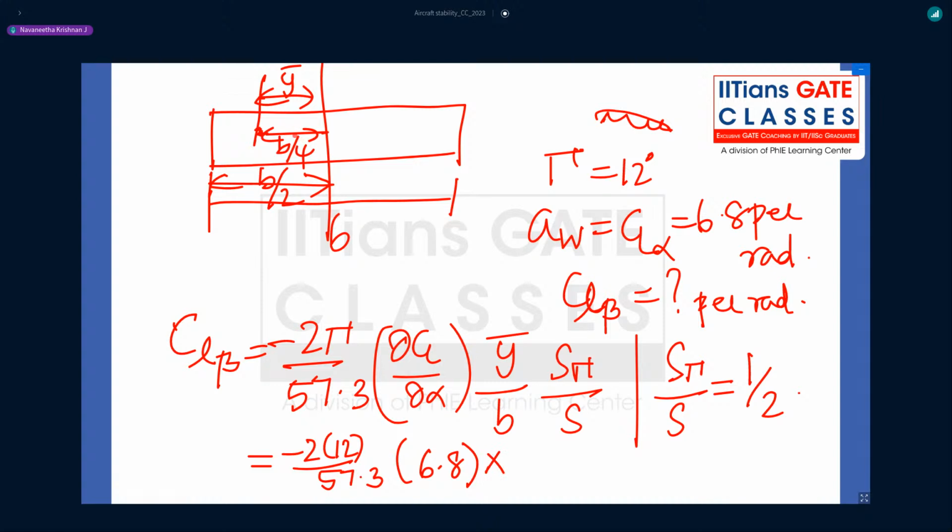Y bar is b by 4, so b by 4 by b is 1 by 4, into 1 by 2. So substituting that, we get it as minus 0.356 per radian.